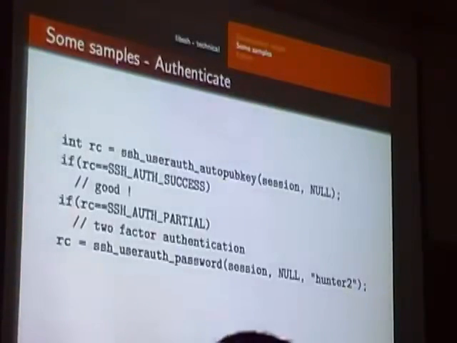If you still need to connect using a password, there is a straightforward password authentication function. But of course, there are a lot more. I will hurry. There are a lot of other functions for lower level authentication.